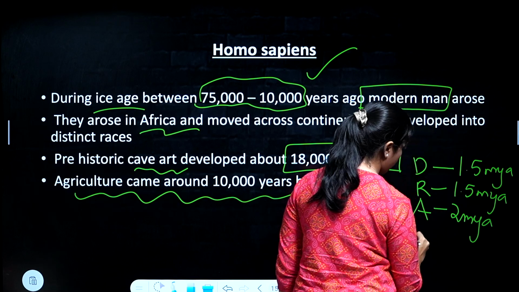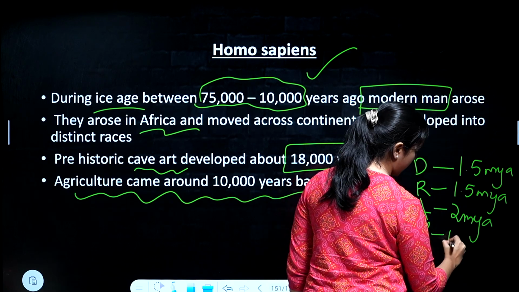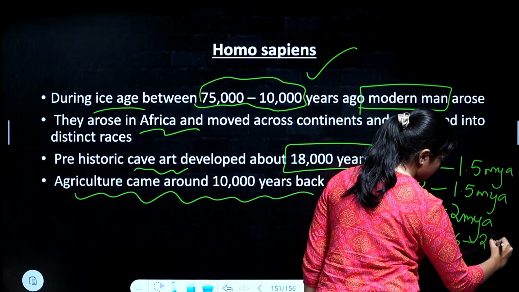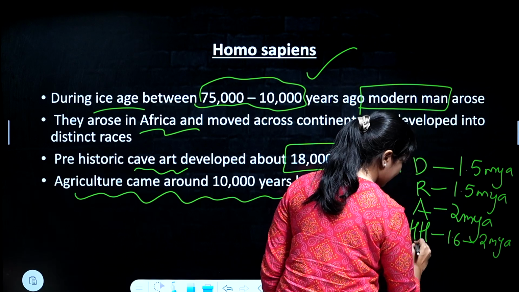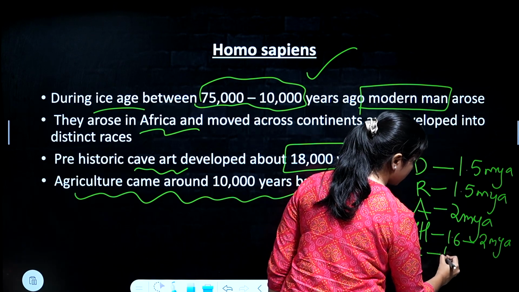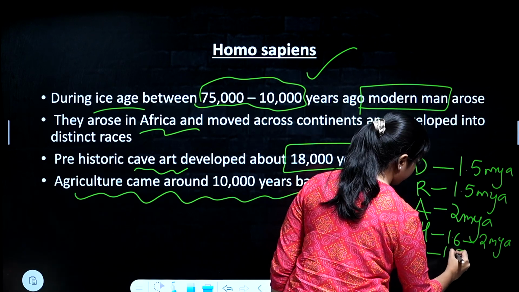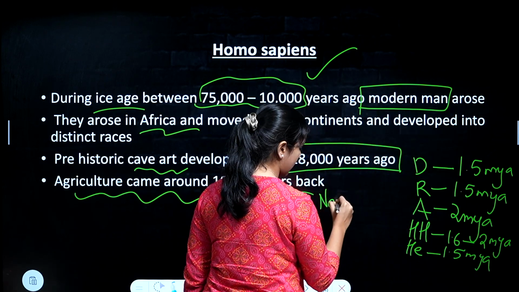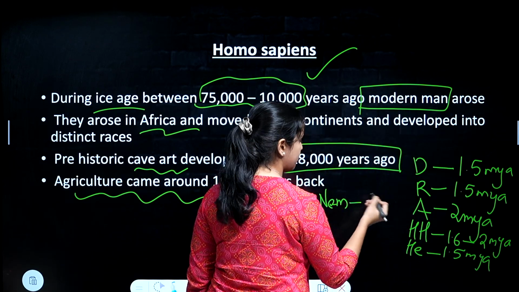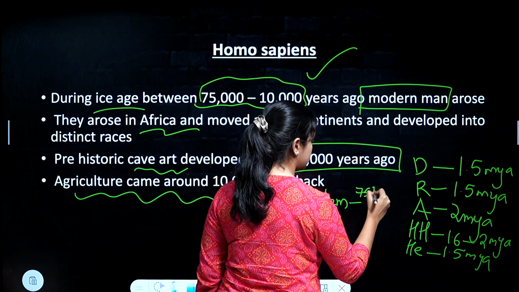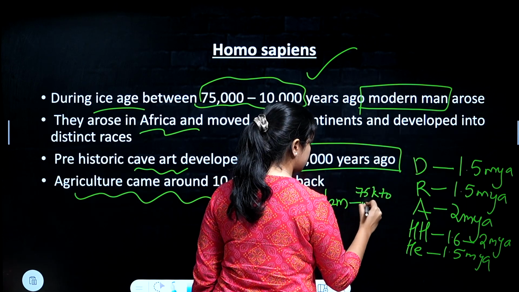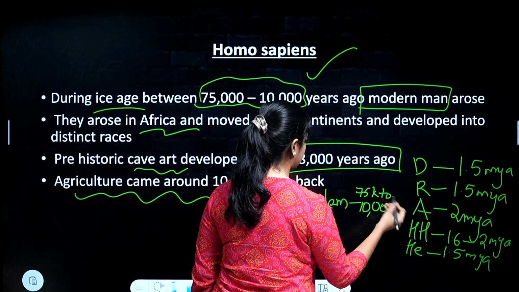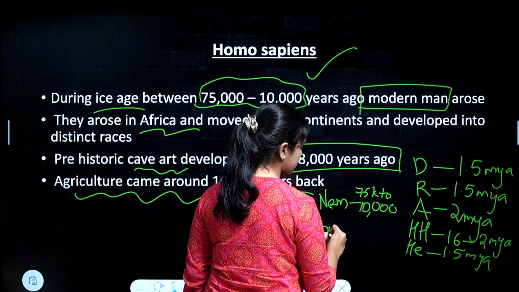And then you had the Homo habilis, who arrived 1.6 to 2 million years ago. You had the Homo erectus, which arrived about 1.5 million years ago. You had the Neanderthal man, right?